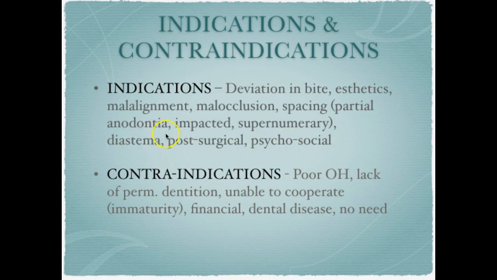The terminology that was just presented, my students, you should know somewhere in your brain, and if not, you want to go back and review. I will talk about post-surgical and psychosocial though.